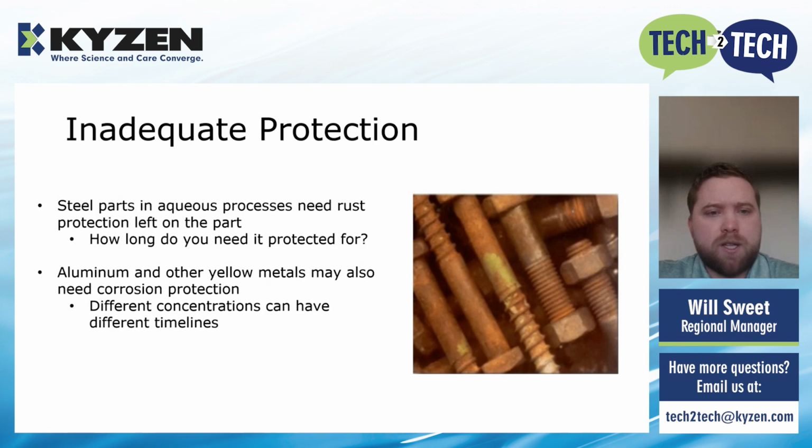Still, other metals like aluminum and the other yellow metals may also need corrosion protection. It's usually not as detrimental as rust is for steel, but similar vein, different concentrations of those chemistries can have different timelines as well. So you need to know how long your part needs to be protected for, and make sure that you're getting enough chemistry in the bath so that it can protect the parts after cleaning.